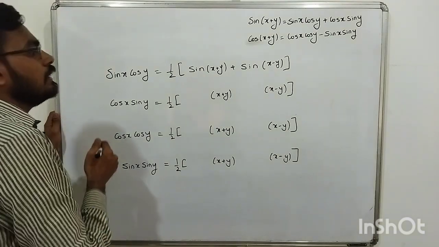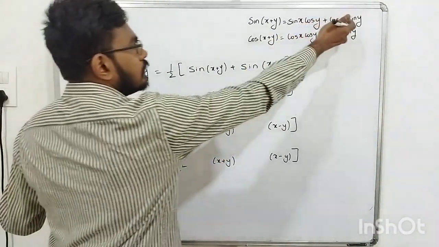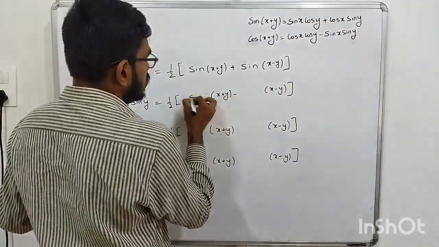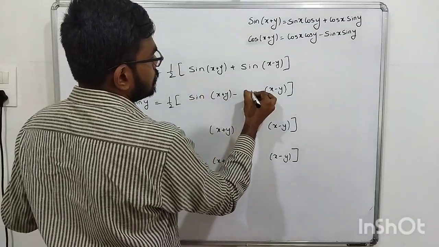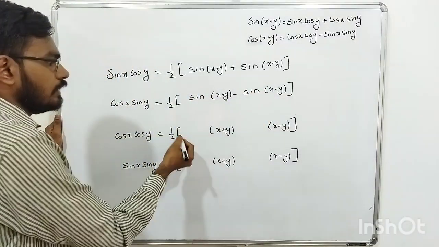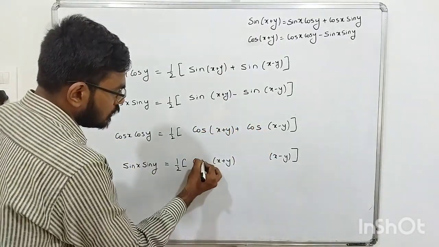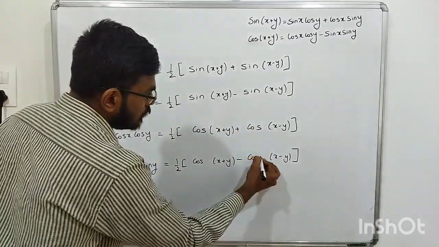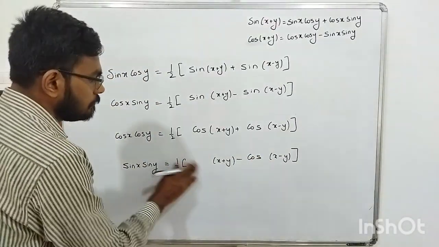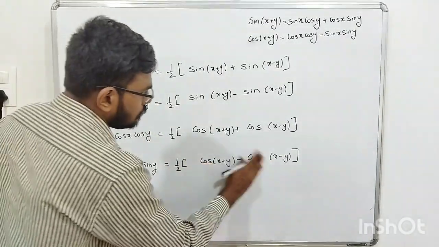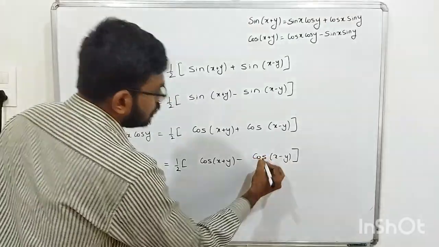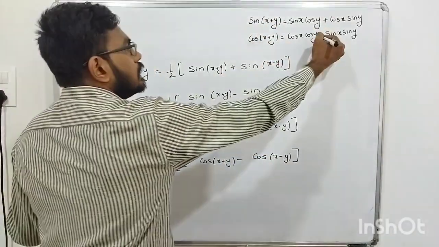Similarly for second, here, so there is minus and sin sin, correct? Then here cos plus cos, and here cos minus cos. And just remember for fourth one, for fourth one you have to put this minus sign also.